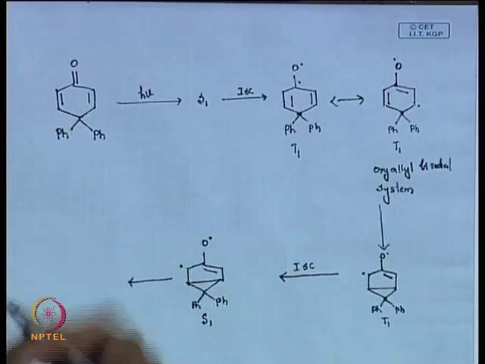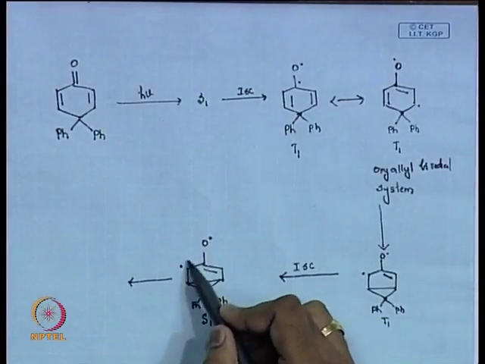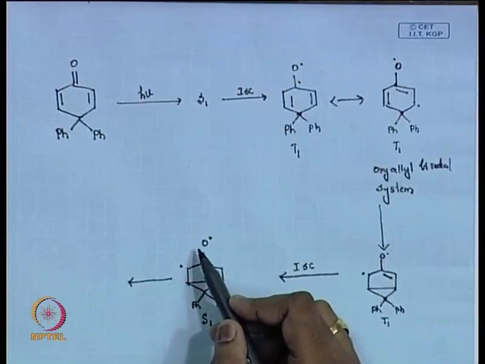Now, I think those who have studied quantum chemistry or the physical aspects of photochemistry have seen examples of spin orbital coupling, right, LS coupling, you have studied a lot. What is that? Where the spin and orbital of your system come together, they couple, right. So, you can see that here. You can see these two electrons undergo a nice spin orbital coupling.